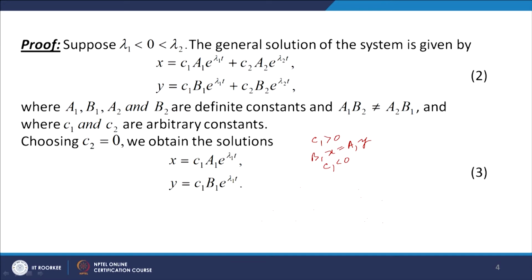So, this solution represents two half line paths which approach and enter (0, 0) as t goes to plus infinity, because lambda 1 is negative, and the line is given by b1 x equal to a1 y. They enter (0, 0) with the slope y equal to b1 upon a1 x. The slope of this line is b1 by a1.